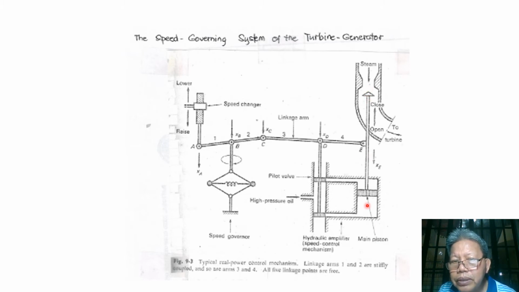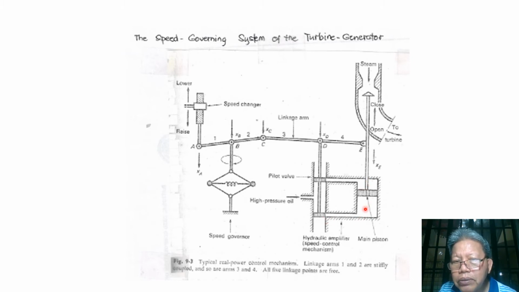So it needs great pressure applied to the main piston to bring this valve here to close this throttle. And this large piston is pushed by the forced-in oil.